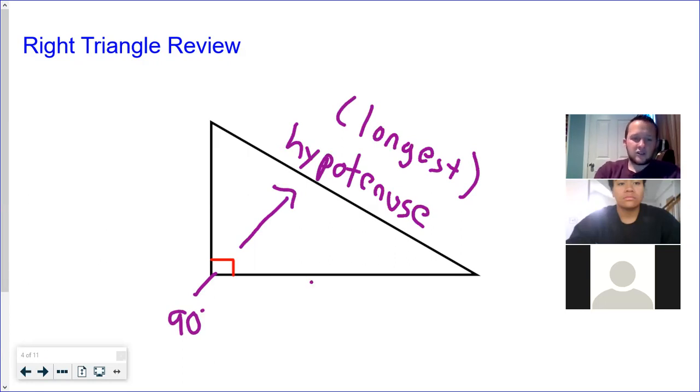The other sides we just call legs. The legs don't have to be the same length. Like in this picture, the legs were different. Now, what we're going to do is find missing sides in right triangles using 2 types of special right triangles, 45, 45, 90, and 30, 60, 90.